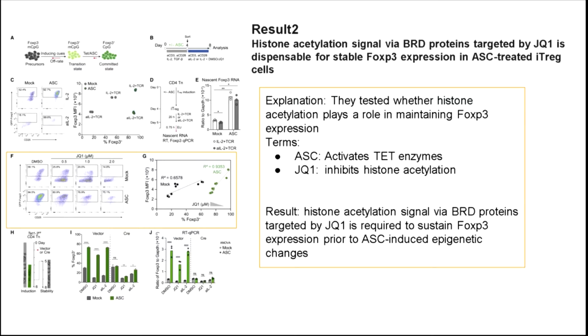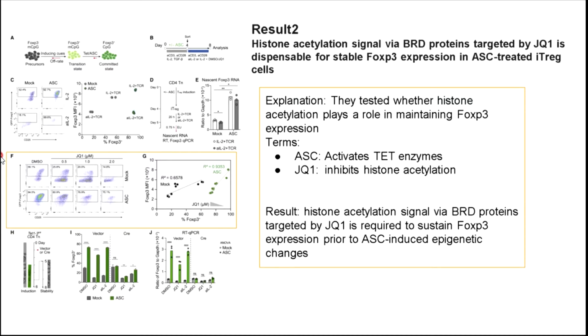Then, they tested whether histone acetylation plays a role in maintaining Foxp3 expression in differentiated iTreg cells. They cultured mock and ASC-treated iTreg cells in media containing a titrated amount of JQ1. In figure F, JQ1 silenced Foxp3 expression in mock-treated iTreg cells.